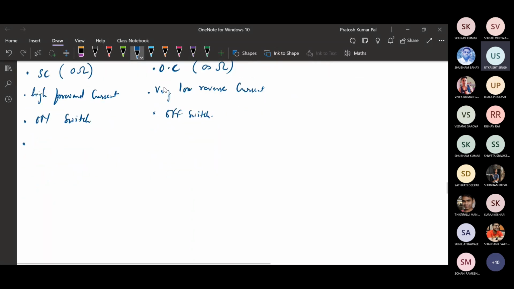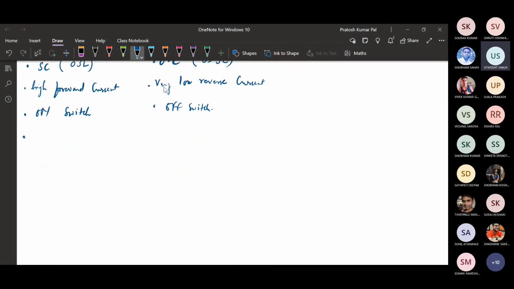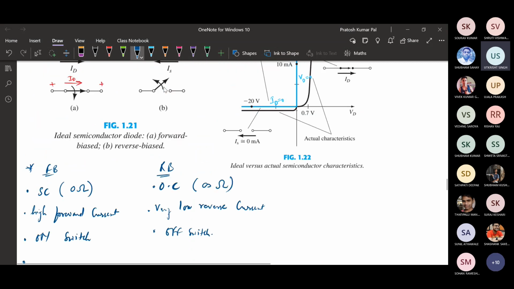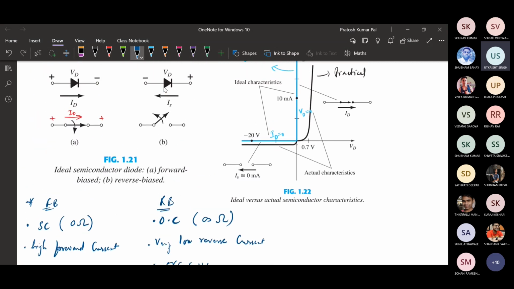Okay, so these ideal characteristics we can also see from the curve. From the curve, if we find the forward resistance, the resistance will be given as Vd by Id, so voltage divided by current. In the forward case, the Vd is always zero.